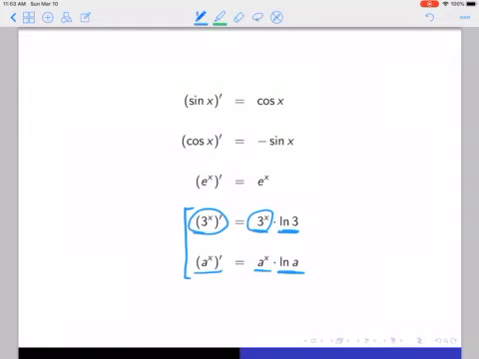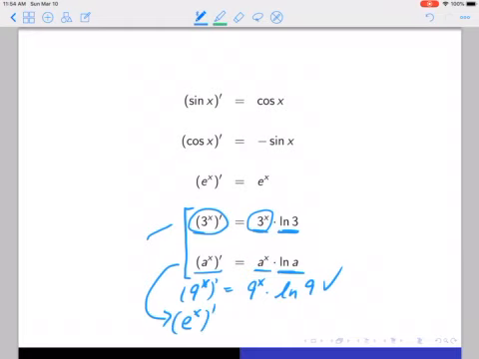And the one thing I want to point out is, is this a separate rule? Let's see, what would this rule say? The derivative of a to the x, where a is some number, says that the derivative is a to the x times the natural log of a. Well, what if we plugged in 9? If we take the derivative of 9 to the x, this should be 9 to the x times the natural log of 9. That's correct. But what if we were to plug in e? Well, we just use the rule.